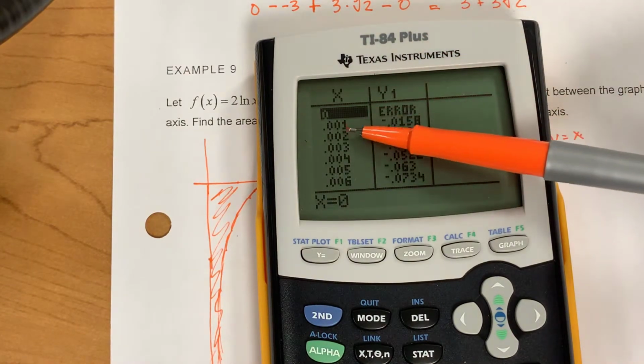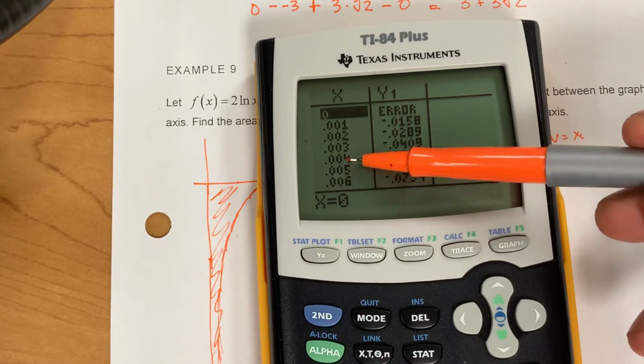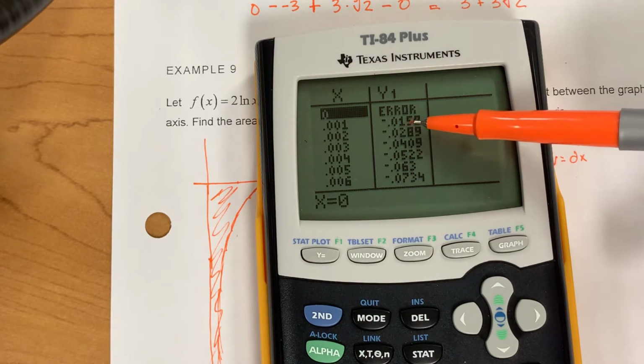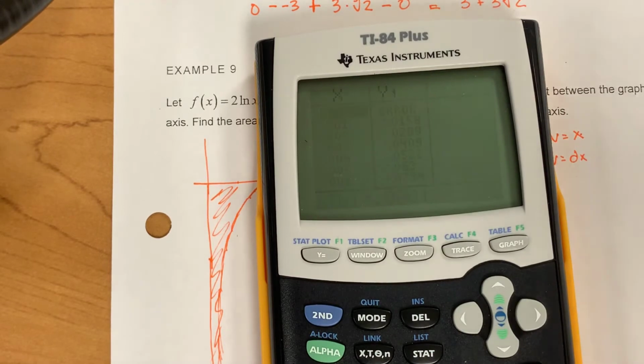So when we approach 0 from the right, if we're coming downwards, these values get smaller and smaller and they approach 0. So we'll add one other 0 so you can see this.